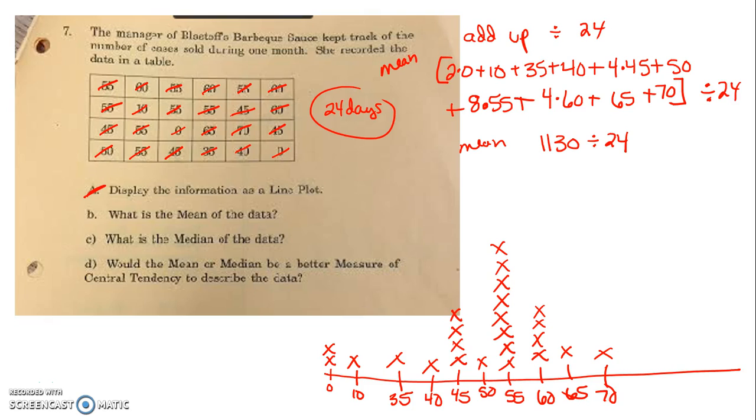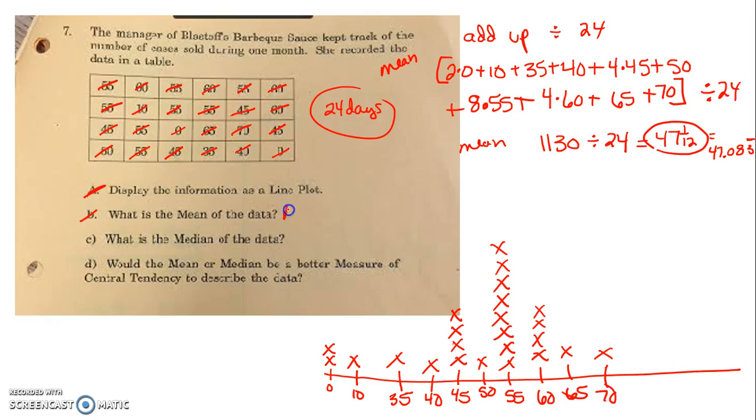I'm going to hit the back and forth arrow so I can put it in fraction form. It's 47 and 1/12. So the mean is 47 and 1/12 because they don't ask us to round. But you could have also written that as 47.08 with the 3 repeating. Either way, that's our mean.